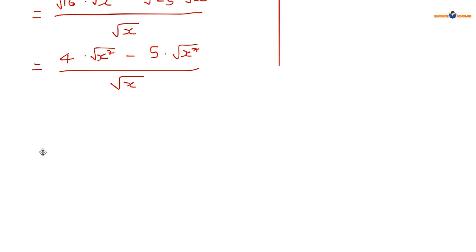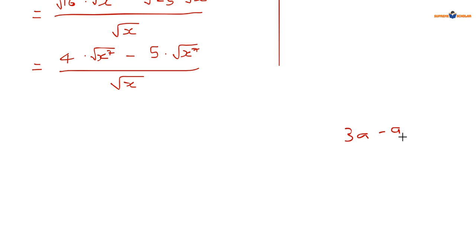The next thing we notice is that this is the square root of x to the power of 7 and this is also the square root of x to the power of 7. That's basically a common factor. Something like, let's say, 3a minus a, for example.